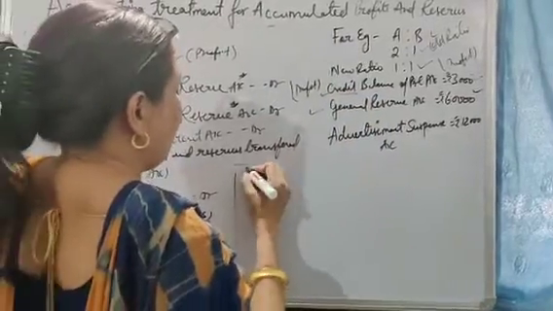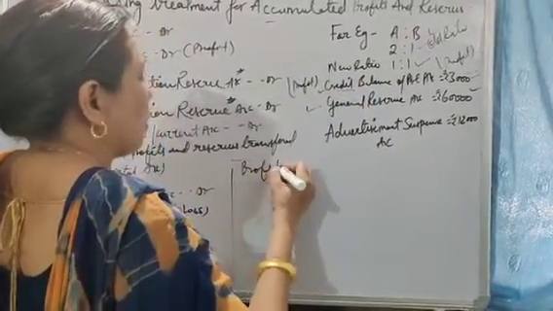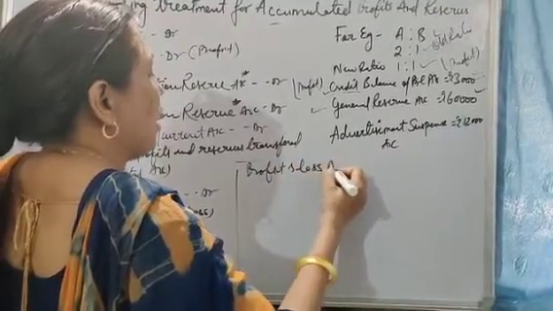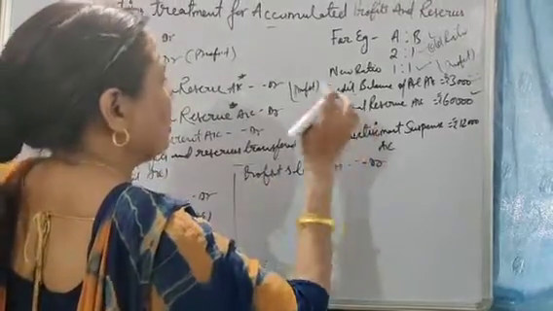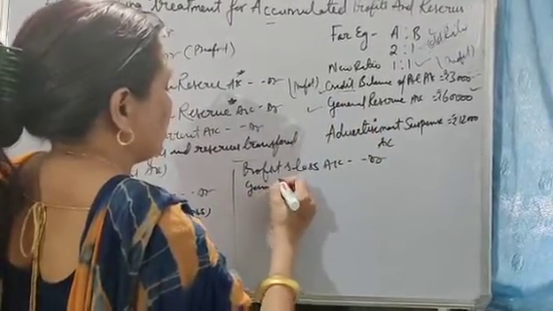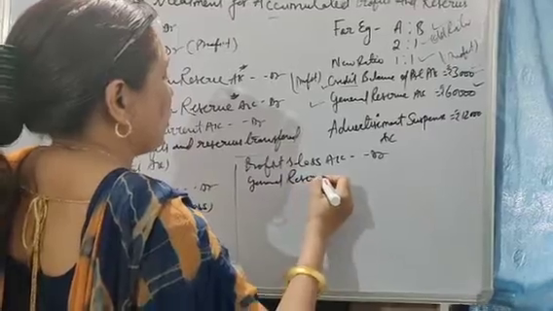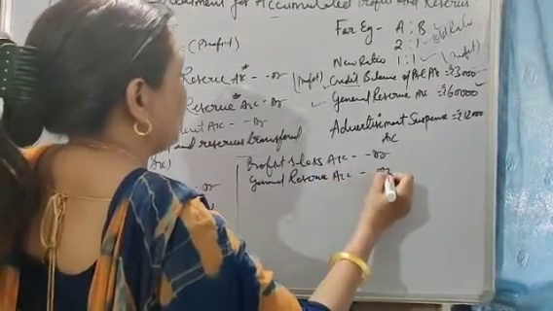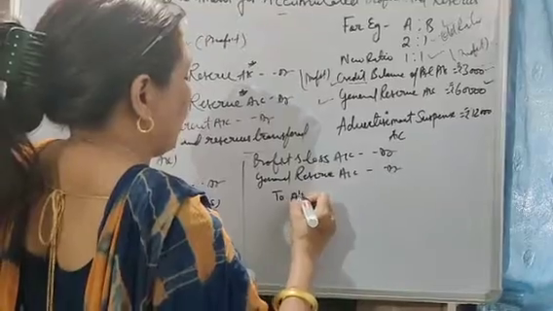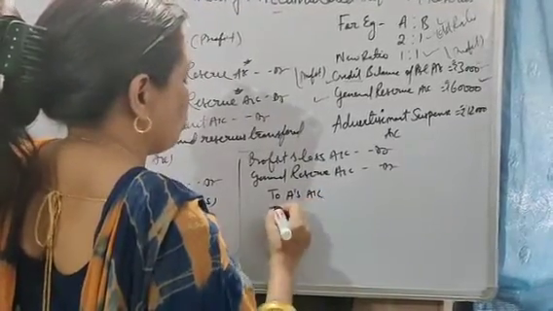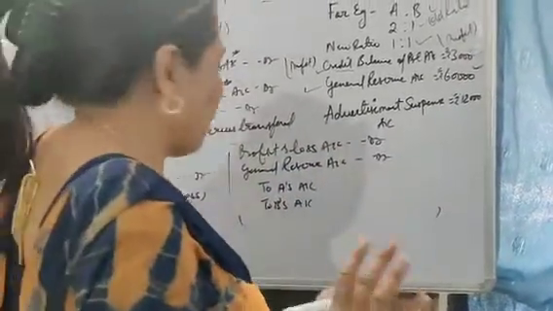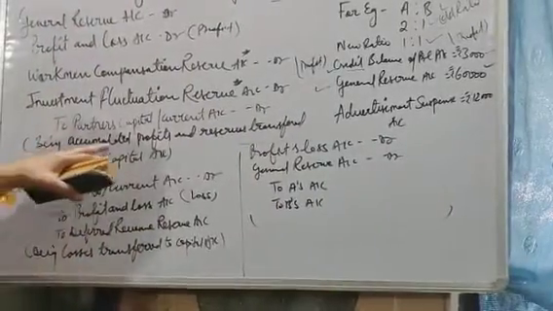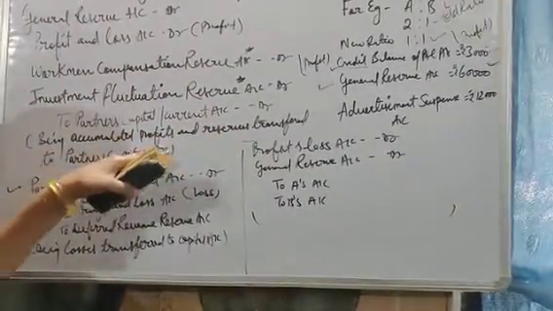Here we have to write profit and loss account debit, and general reserve account debit to A's account to B's account. You will write here that these reserves and profit and loss transfer to the capital account, which I have written here. Being accumulated profits and reserve transfer to the partners capital.